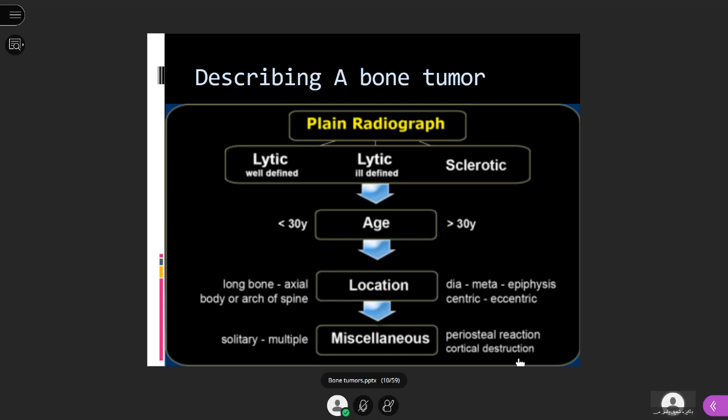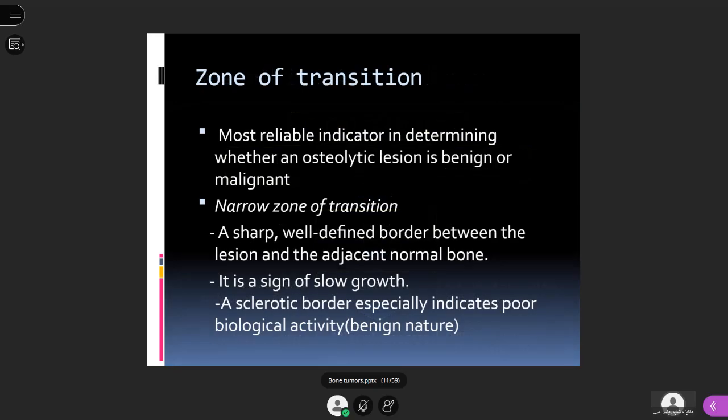And then there are some miscellaneous things to consider, like periosteal reaction present or absent, cortical destruction present or absent, and whether you are dealing with a solitary lesion or there are multiple such lesions present in the visualized skeleton.